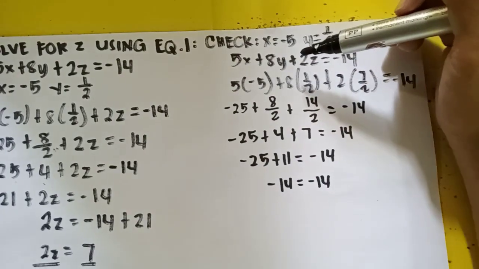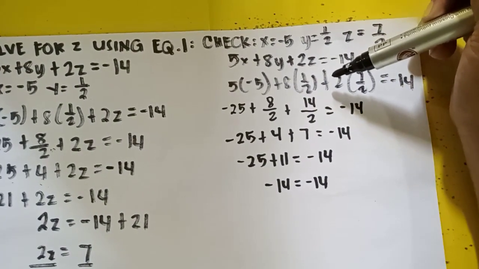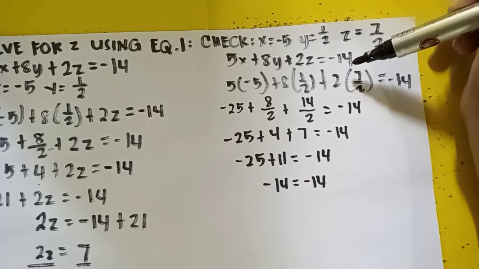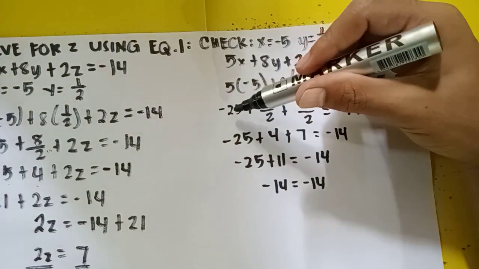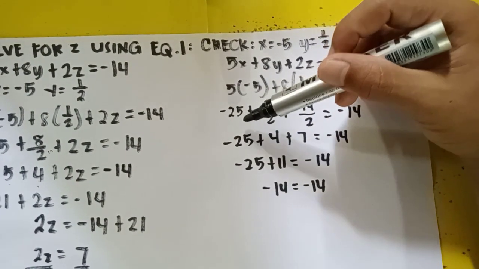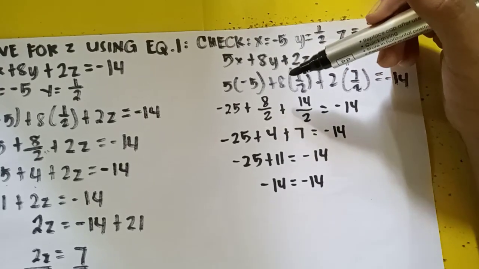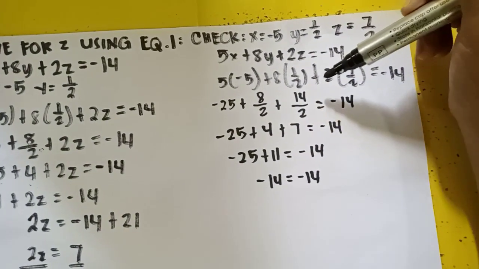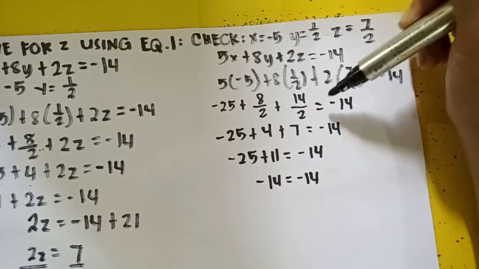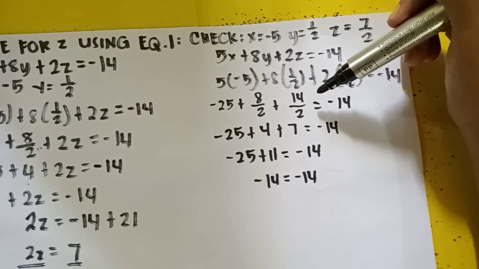So 5 times negative 5 plus 8 times 1/2 plus 2 times 7 over 2 equals negative 14. 5 times negative 5 is negative 25. 8 times 1/2 is 8 over 2, and 2 times 7 over 2 is 14 over 2.